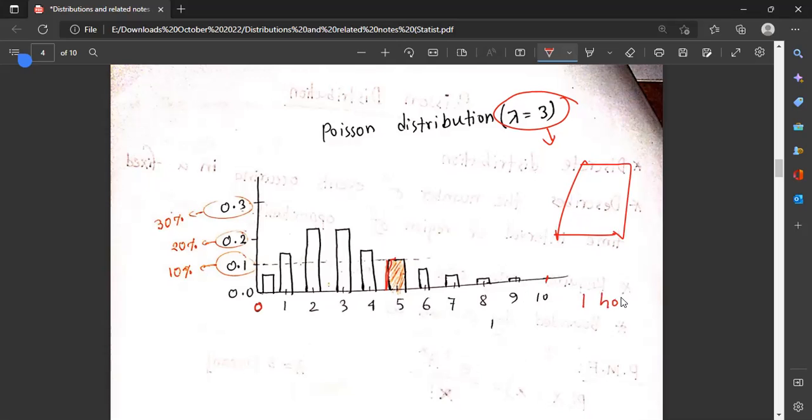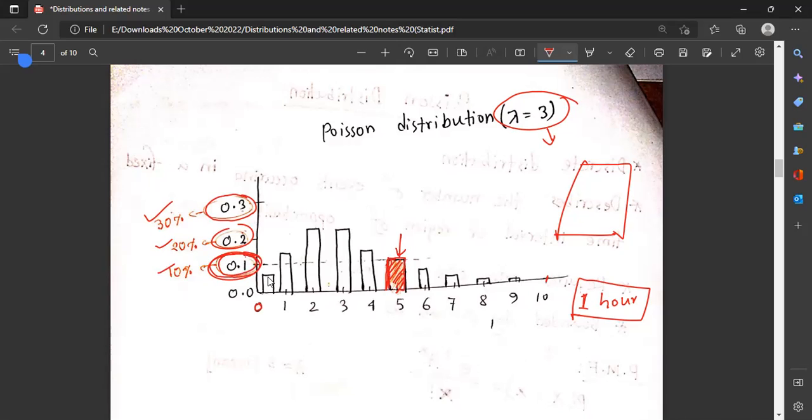In the question it says, what is the probability of getting 5 visitors in 1 hour, okay? You see here 0.3 represents 30%, 0.2 is 20%, and 0.1 is 10%. So for 5 visitors, the probability is 0.1, right?